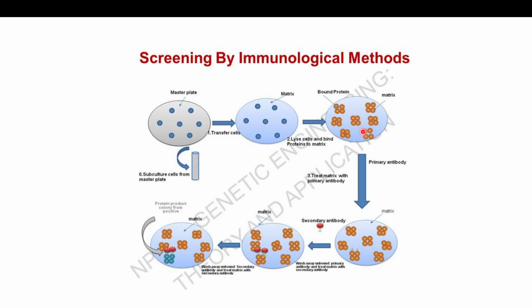So if these proteins were able to exhibit some enzymatic activity, then the substrate can be put there, and when this enzyme acts on a particular substrate, it produces a colorigenic product. Okay, something that shows color. And so if that color is coming off, then that means this particular colony has that protein of interest that is showing the enzymatic activity. Okay.